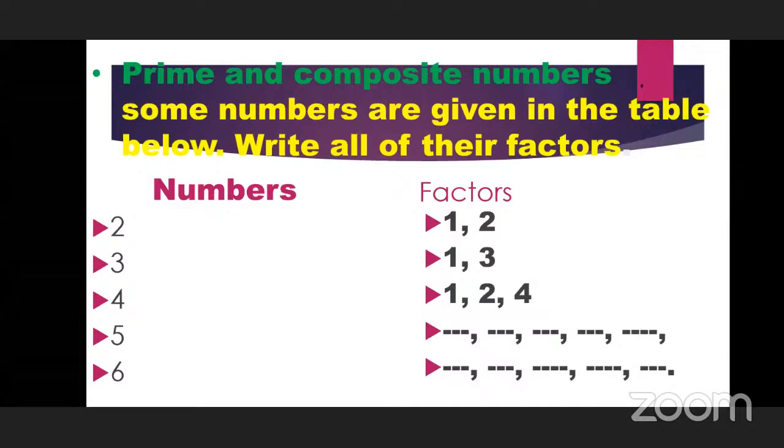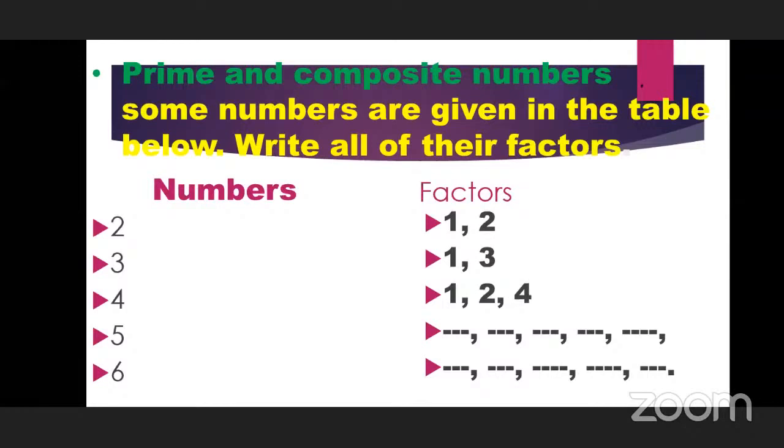I have to explain, then you will understand very well. Prime numbers and composite numbers are the two types of natural numbers.